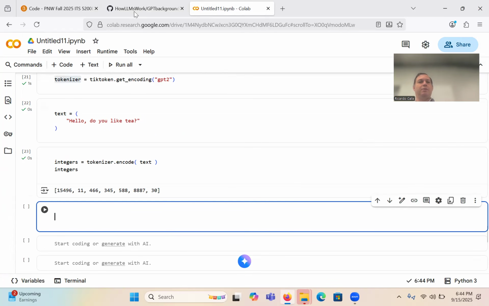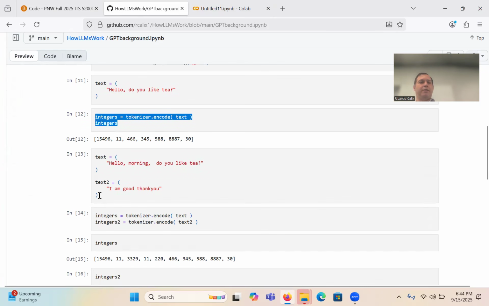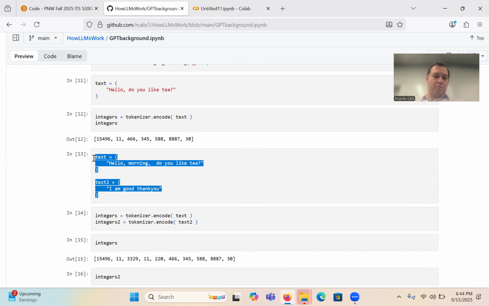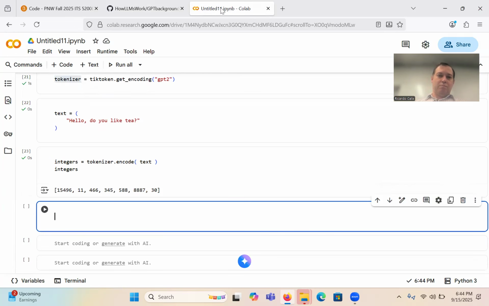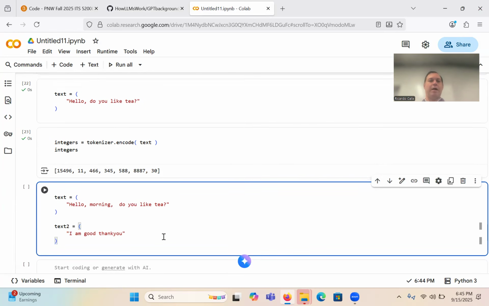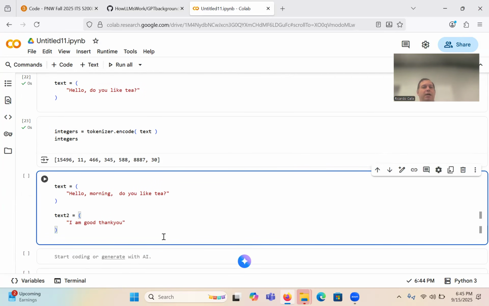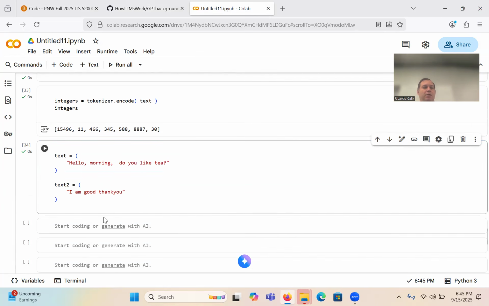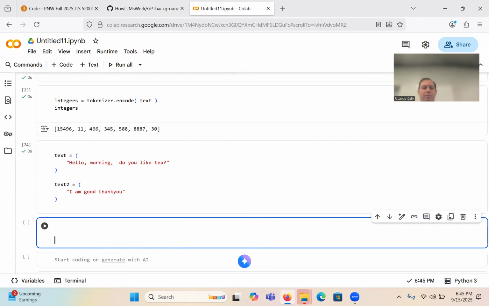So let's do another one. I have two sentences here. I have hello morning, do you like tea? And then I have I am good, thank you. So text one and text two.